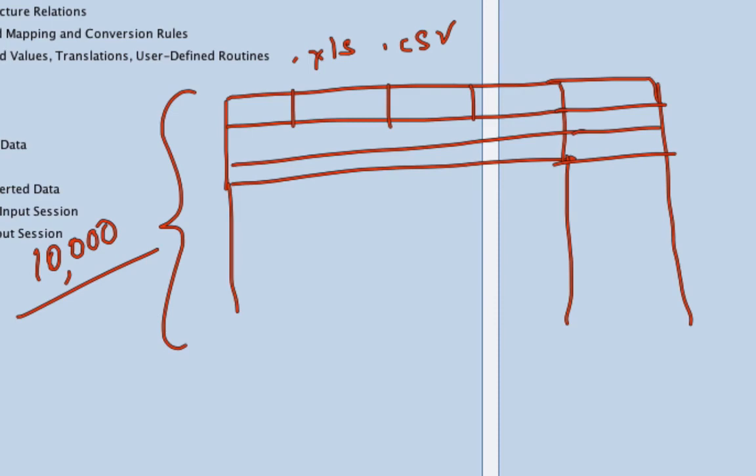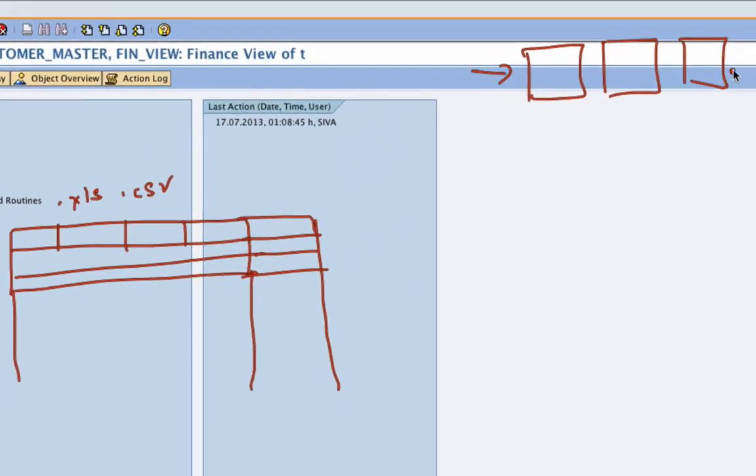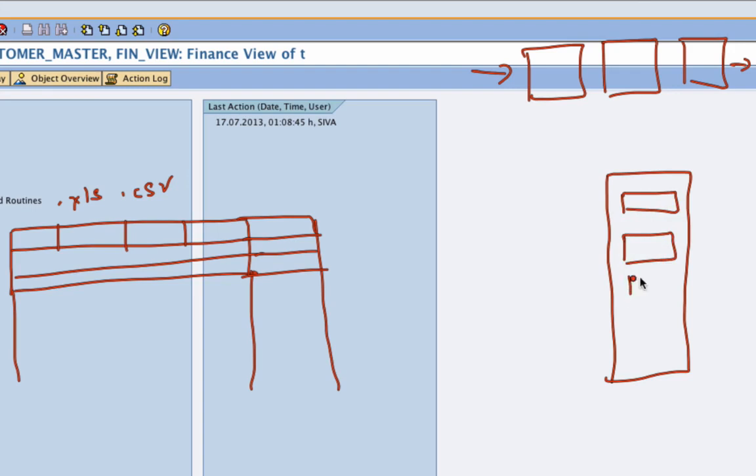You have recorded a whole bunch of screens for the customer master, starting here, ending here, and it has created a recording with a whole bunch of hooks: customer number, customer name, company code, and so on. You cannot directly map the fields over here to the recording. So this is the recording.